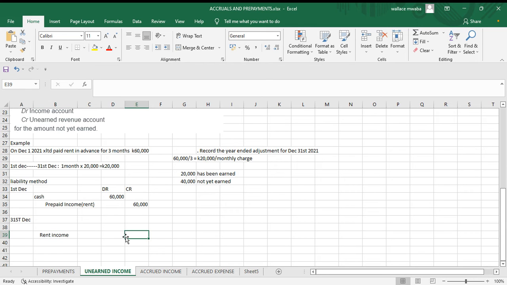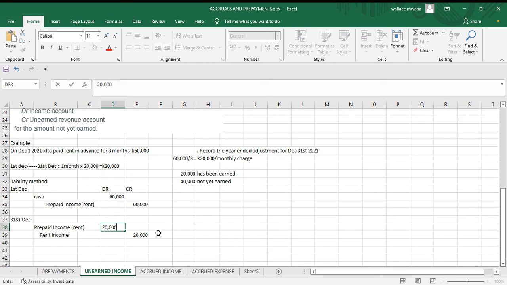We credit rent income because remember, rent income or revenue increases with credit. Then we're going to debit our prepaid income. Our liability is decreasing, so we debit it, 20,000.